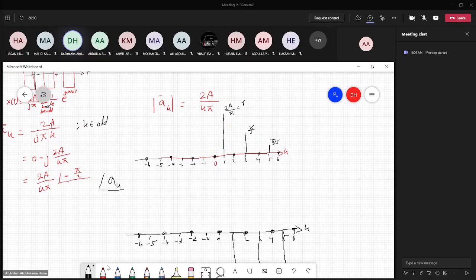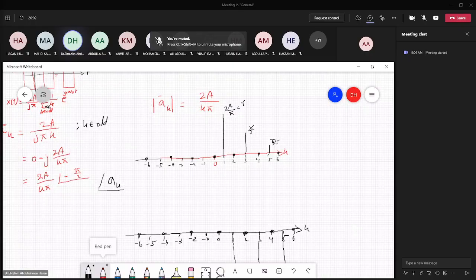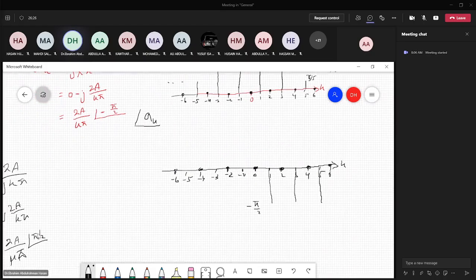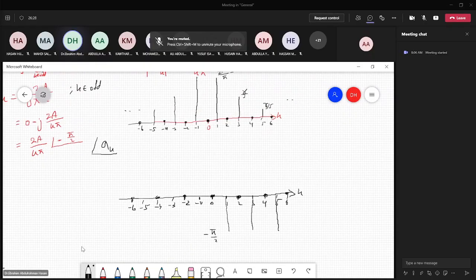So at minus 1, we get exactly the same magnitude. At minus 3, again gamma over 3, at 5, gamma over 5, and so on. While for the angle, we get positive pi over 2, which is positive 90 degrees.